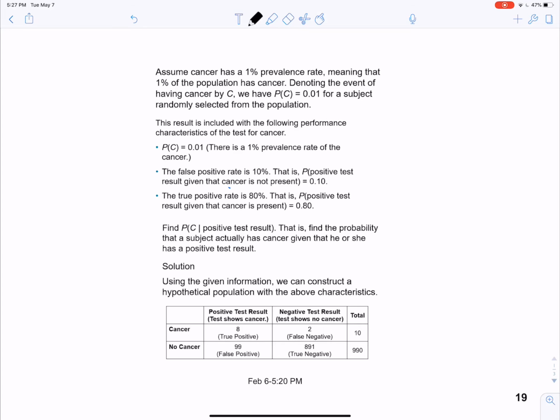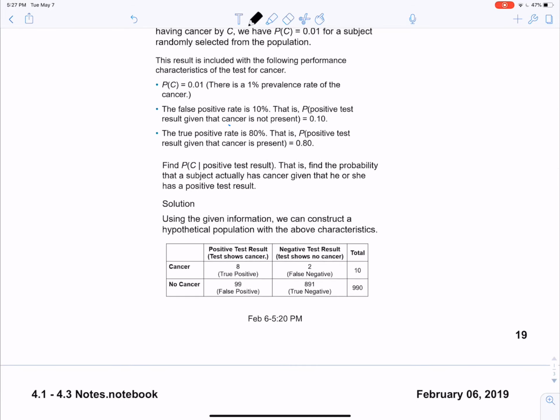The solution using Bayes' theorem gives us the table below, and sometimes we'll also add in a total row at the bottom to total our columns. Now with Bayes' theorem, we actually build this table based off of the percents that they gave us. The first step in Bayes' theorem is to pick a large multiple of 10 as our population.